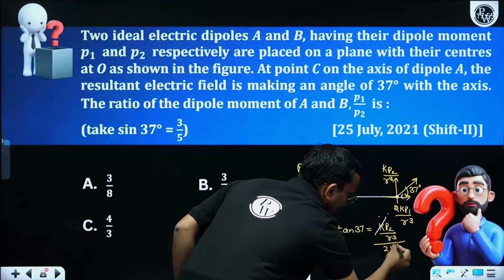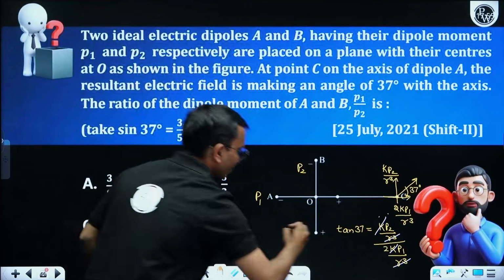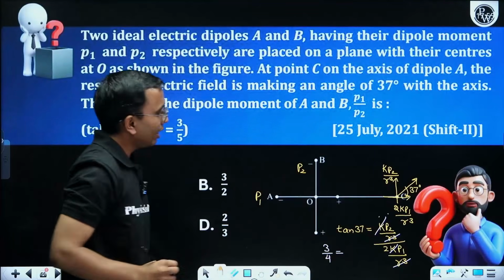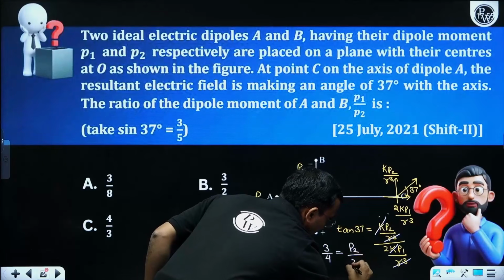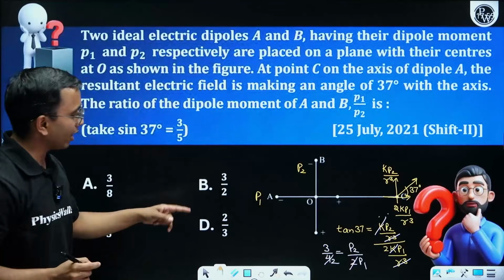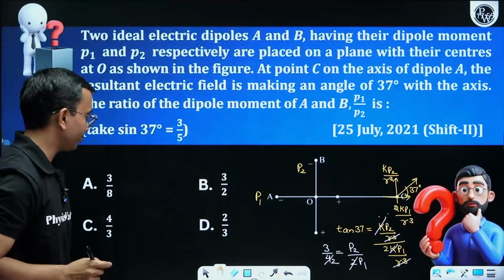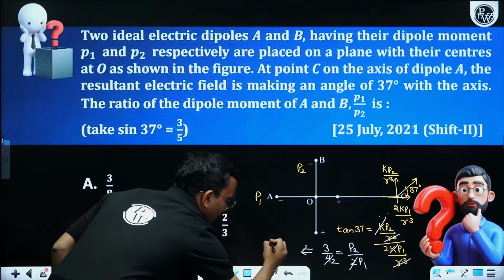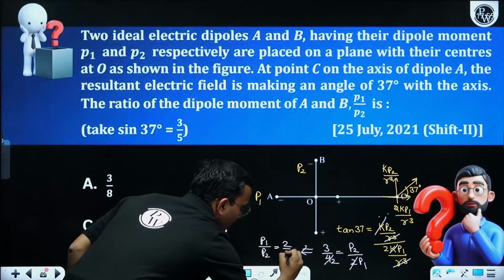What we are getting, tan 37, that is 3 by 4, is equal to P2 by 2P1. And this becomes 3 by 2. From there, what we have to find, P1 by P2, will become 2 by 3. So P1 by P2 is 2 by 3.